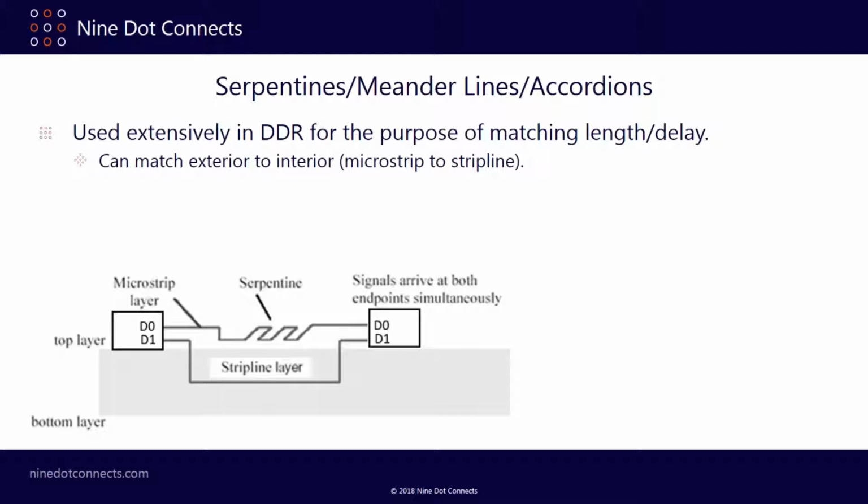I just want to clarify that in this situation where you might happen to route data lines from the same group, such that one of the data bits is on the top and one is on the bottom, you definitely would need to compensate for the slower strip line layer. And so you would need to put a serpentine in the microstrip in order to deal with the faster speed of the microstrip.